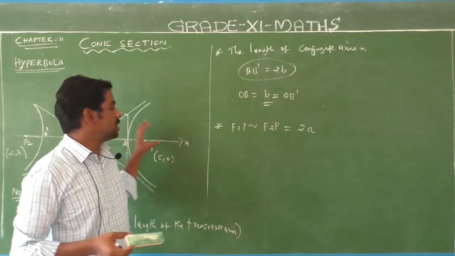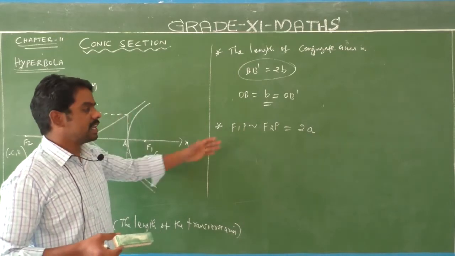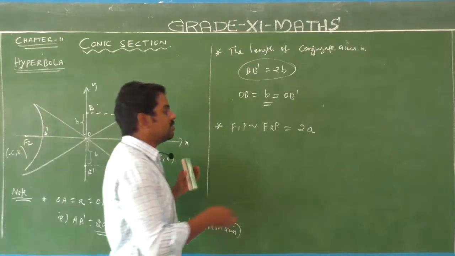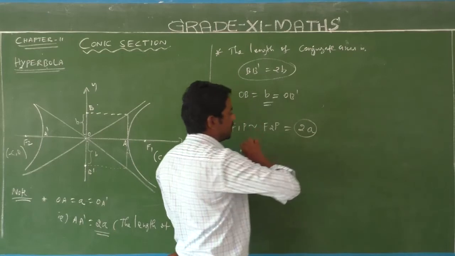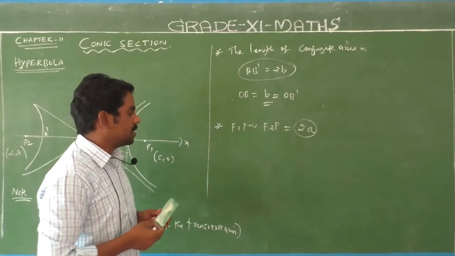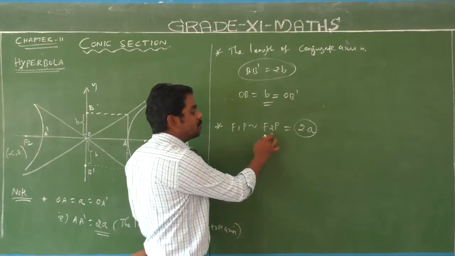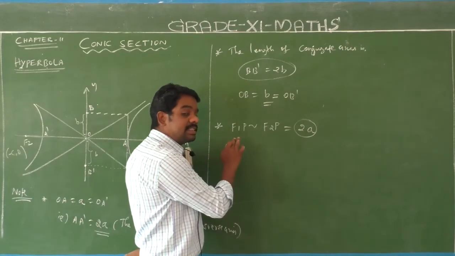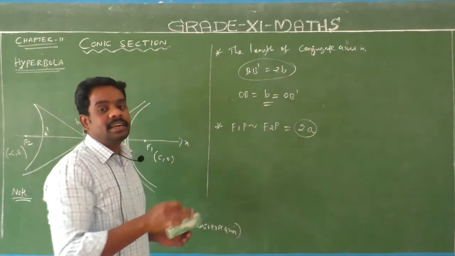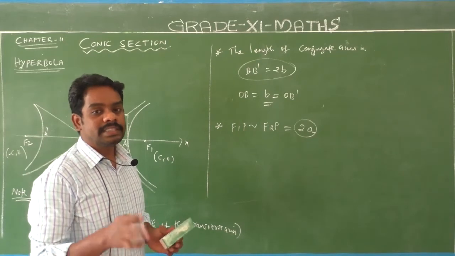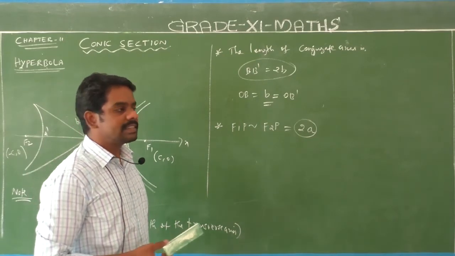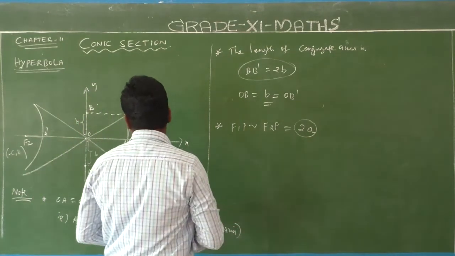The difference for any point P on this curve is equal to some constant. That constant value is the length of the transverse axis. So F1P minus F2P means farther distance minus closest distance.